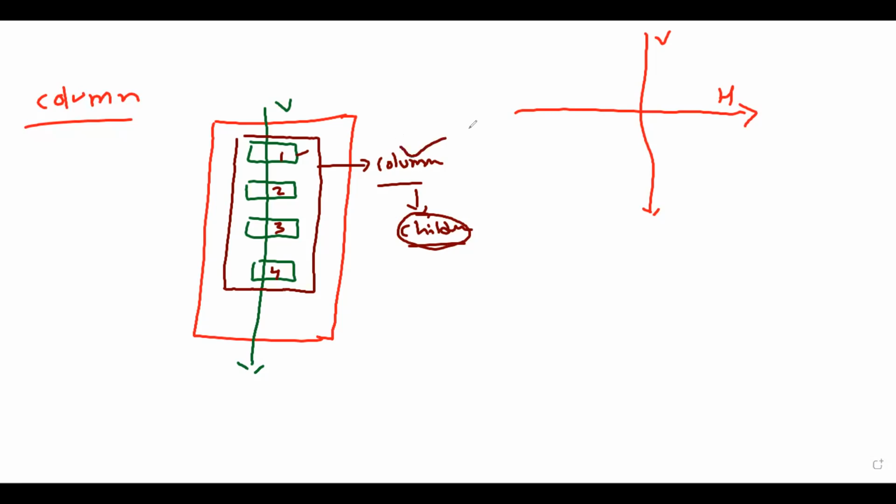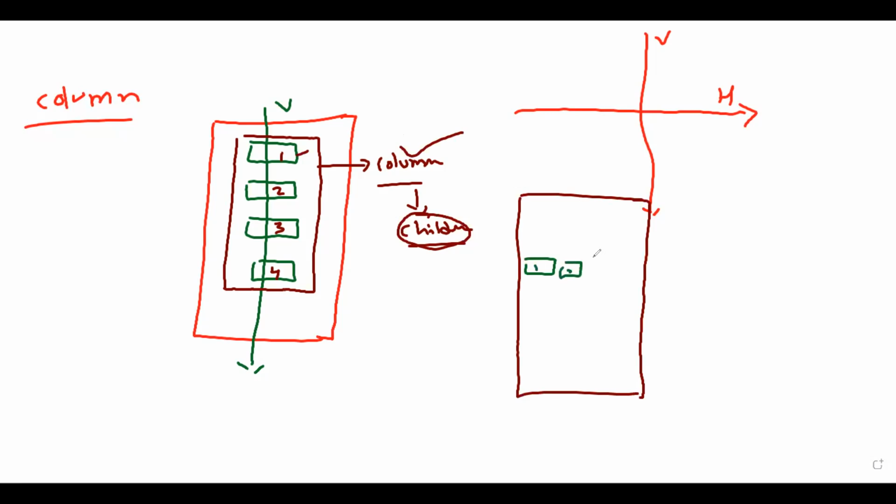So multiple widgets arranged vertically one by one will take a column widget. Let's take another example, this is a screen. If you want to align the items horizontally, for example, this is one item, this is another item, this is a third item. Those items are aligned horizontally.